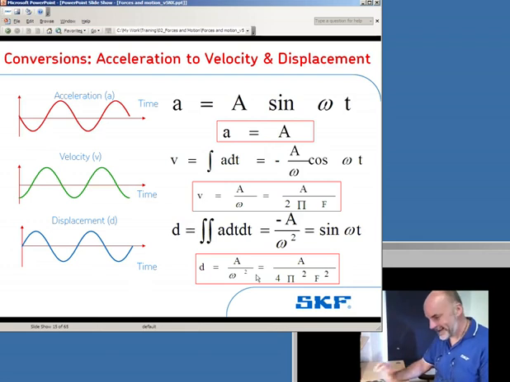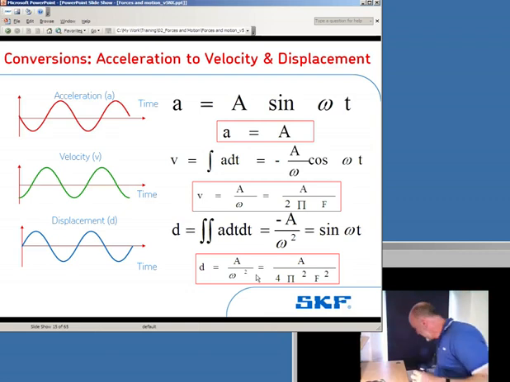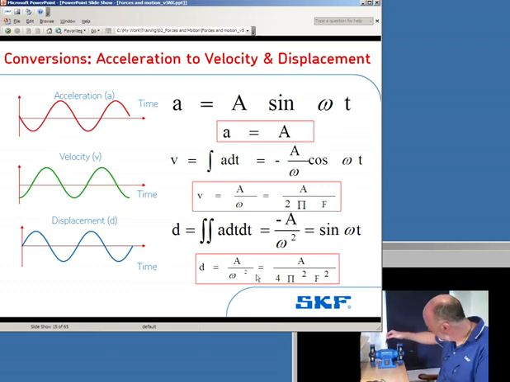But what this plot is saying is if I use my accelerometer to measure acceleration on my machine, there's a simple conversion that we can use. If we take the acceleration level and divide by 2 pi f, we can instantly calculate the velocity.